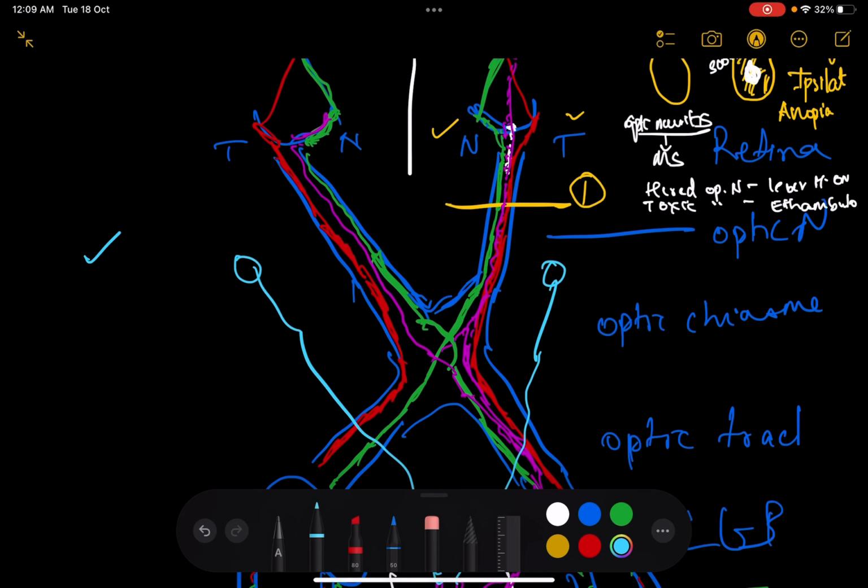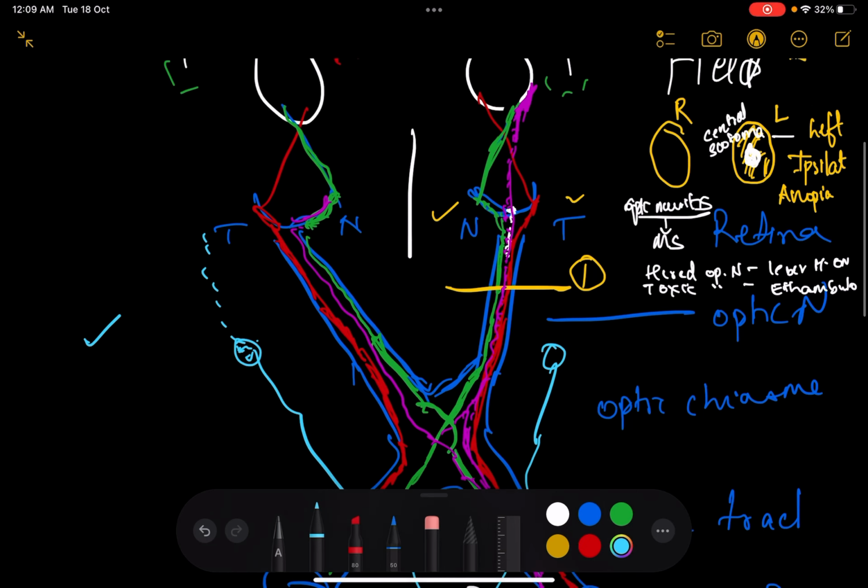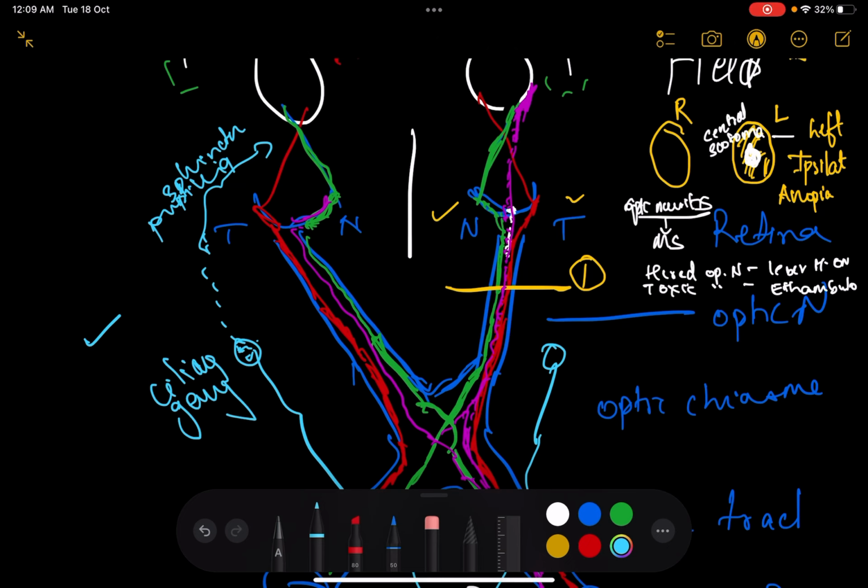So it sends a neuron to your left side of the ciliary ganglion, the right side, whichever side, both sides ideally. And it goes and supplies the very important muscle called the sphincter pupillae. So here you've reached your ciliary ganglion and the sphincter pupillae.